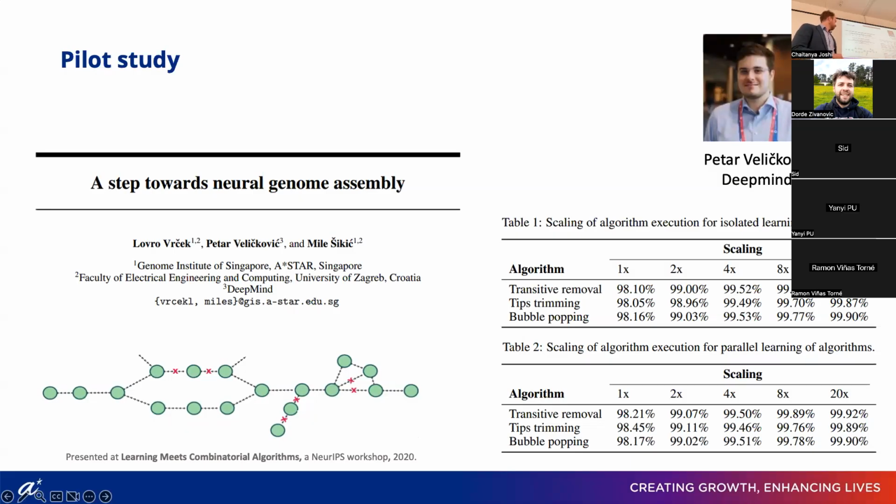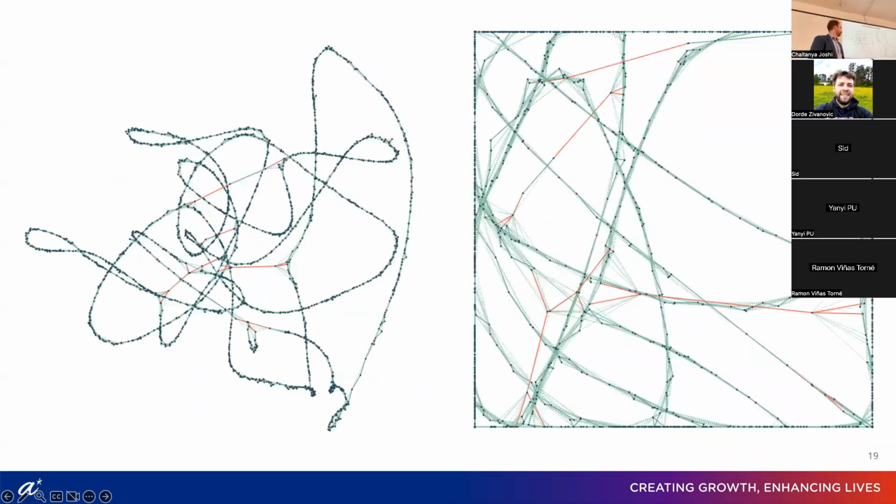The times were comparable, and the results were as well, at least on the small graphs that I tested, but it was done on synthetic data. And as I said, this was just a pilot study. After this, we wanted to take the same approach to simplifying the full, larger, real human genomes. However, that proved to be quite difficult, so we took a slightly different approach.